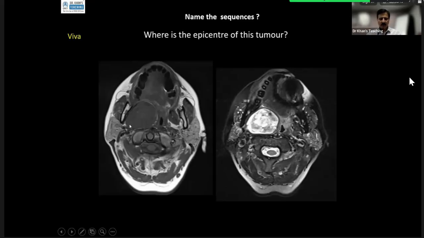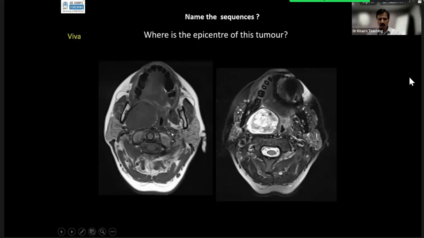Now, deep lobe of parotid, good point. I will take it because you are just seeing a single sequence and you would like to see more sequences before you make up your mind. But it is actually not arising from the deep lobe. Please also remember, place yourself in the parotid. This is the parotid.